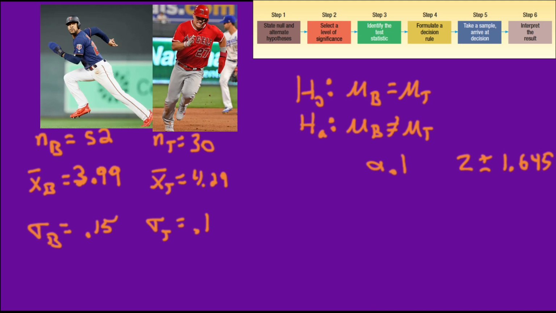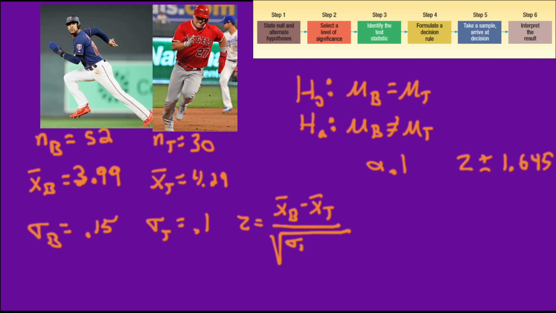Okay, so for our Z calculation, we're going to look at X bar B minus X bar T, right? So this is the distance between these two values. A little different than chapter 10, but there are two moving parts. The two moving parts means this standard deviation down below gets more complicated.